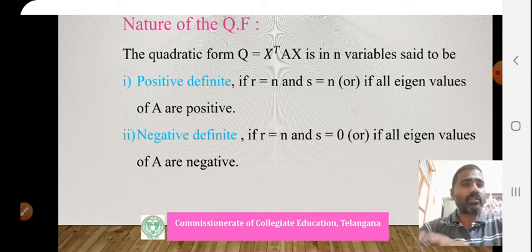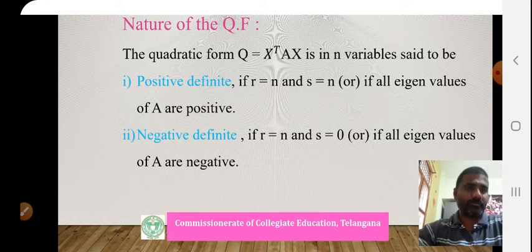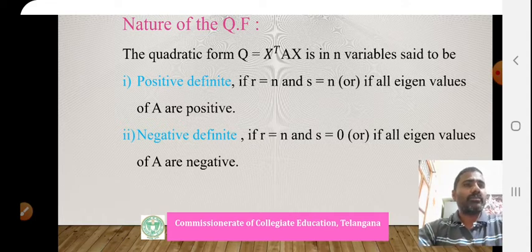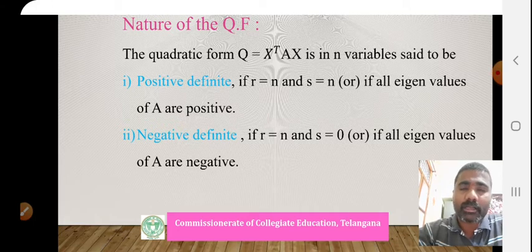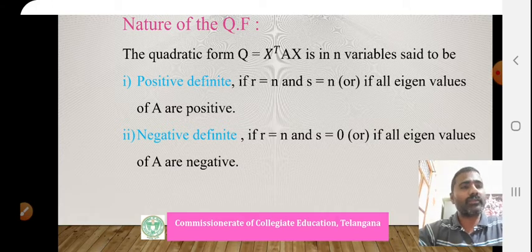But all terms are non-zero and S is 0, which means all terms are negative: lambda 1, lambda 2, lambda n are all negative. If all eigenvalues of A are negative, then we say that the quadratic form is negative definite.